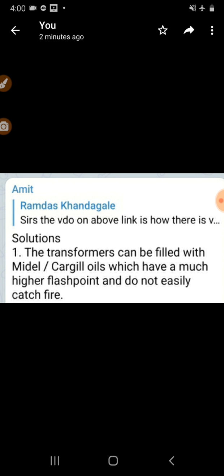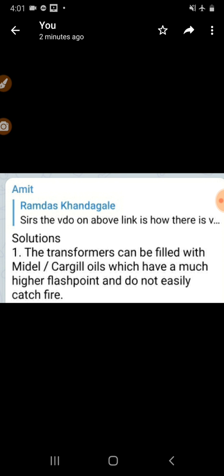However, in simple terms, the transformer oil is said to be composed of both hydrocarbon and non-hydrocarbon compounds. Among these, the hydrocarbons are the major constituents of oil, and non-hydrocarbons are present only in small amounts.